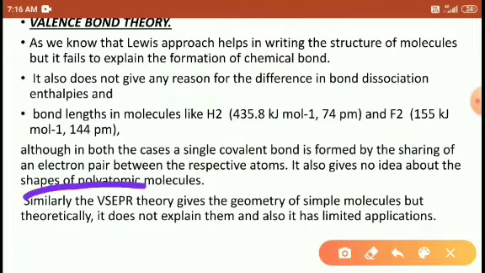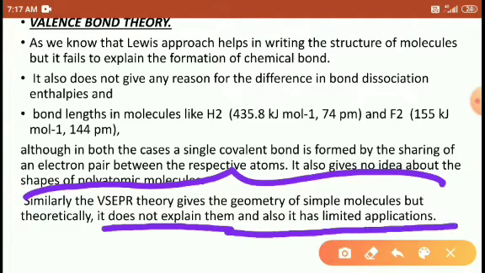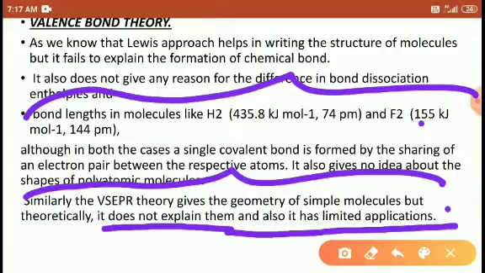VSEPR gives the geometry of simple molecules, but theoretically it does not explain these, and it also has limited applications. The valence shell electron pair repulsion theory also cannot explain the bond dissociation enthalpy and the difference in bond length of diatomic species.